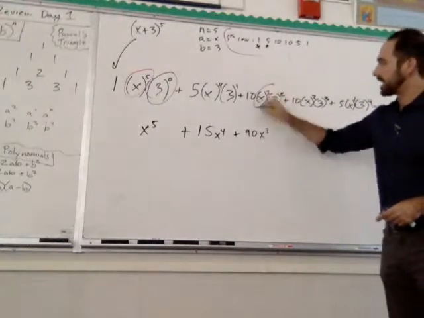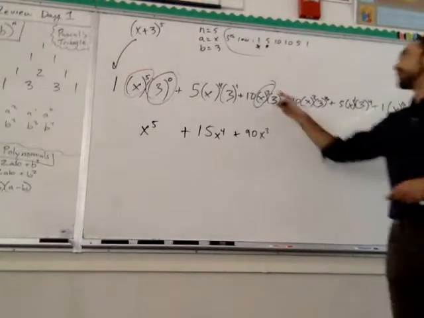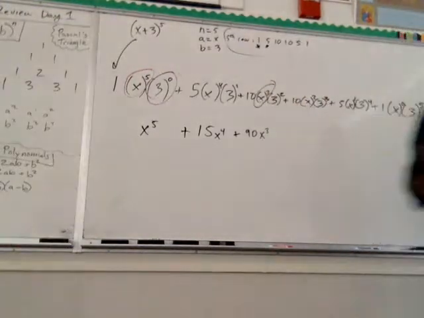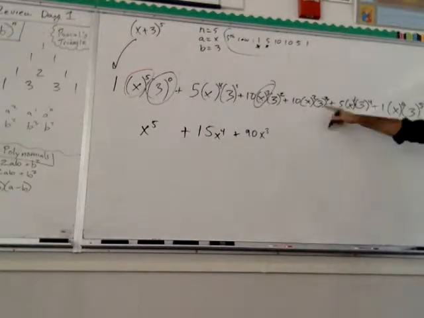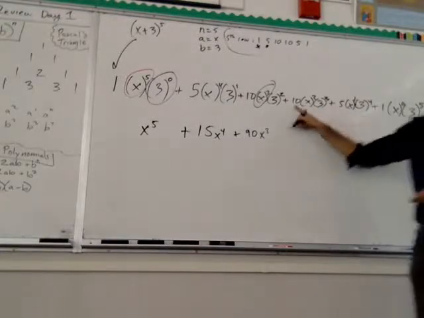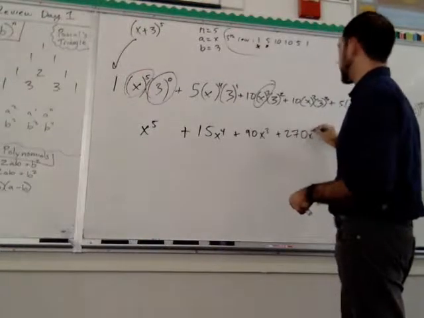That 3 is applied just to that x. Those exponents are always applied straight to just the term that it's connected with. Okay. 3 to the 3rd power, 27 times 10, 270x squared.